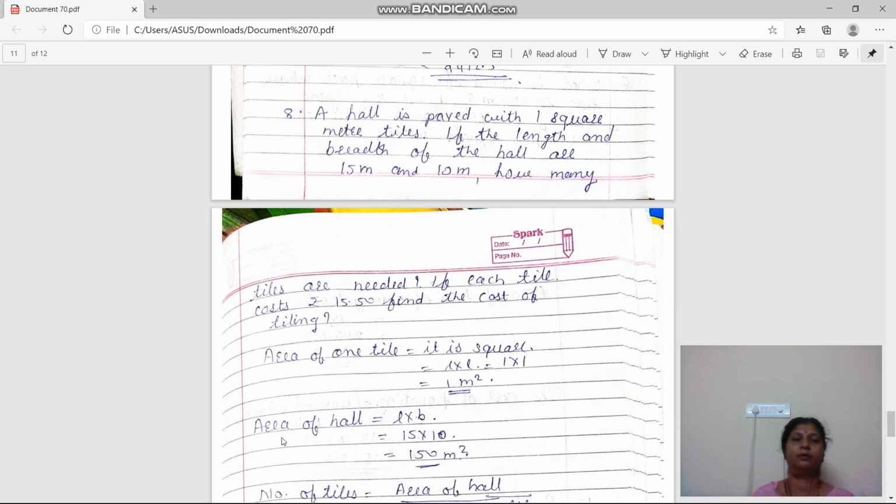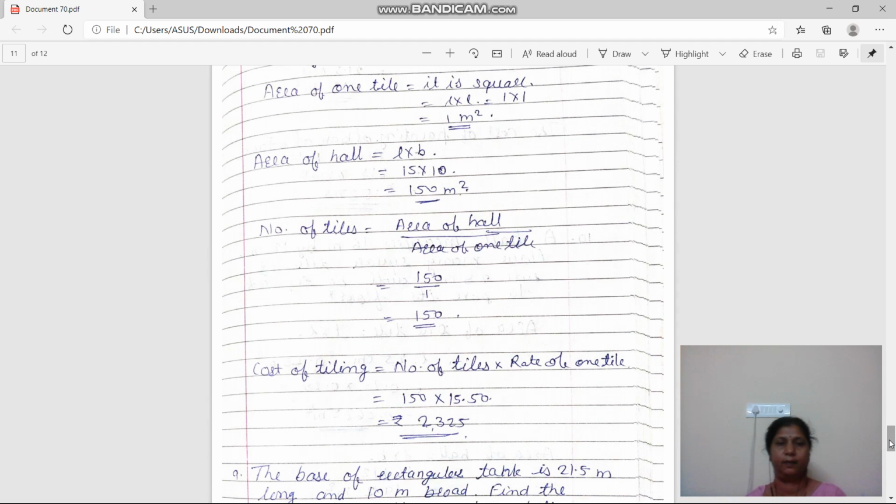Okay. Now area of hall is equal to length into breadth. So what is the length? 50. And what is the breadth? 10. 50 into 10 we get 150 meter square. Now number of tiles is equal to area of hall, 150 upon 1, that is we get 150 tiles.